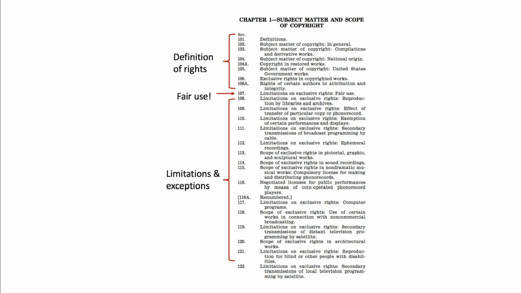Authors care about that because they want their books to be available to as many readers as possible. And so having the ability of libraries and other institutions to make those copies in accessible formats is very, very important. And of course, that's important for libraries, right? To be able to meet the needs of their users. Other ones that might be familiar in here, Section 110 of the Copyright Act talks about exemptions for certain performances and displays.